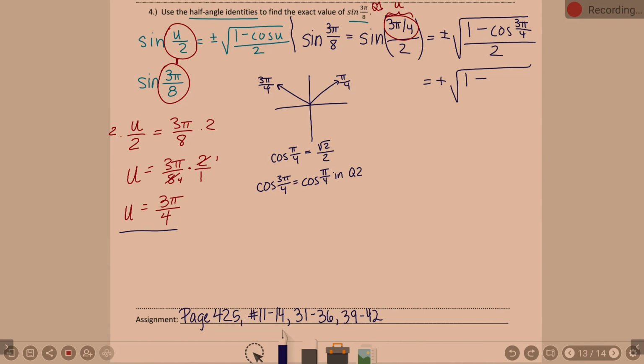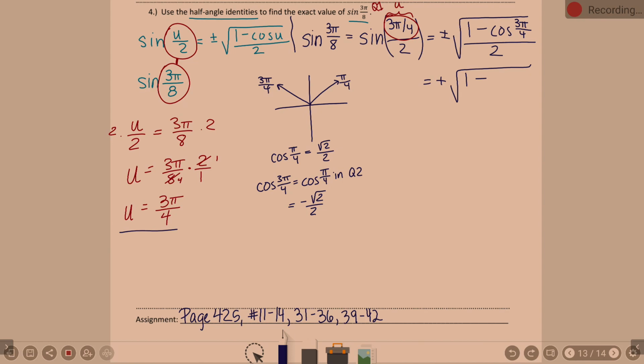So if cosine of pi over 4 is square root of 2 over 2, what do we know about cosine in quadrant 2? It's negative. So we know that this is going to be equal to negative square root of 2 over 2. Right? That's Unit 4. That's supposed to be old news. I know we forget it. We don't remember it, but that's what you're supposed to be doing there.